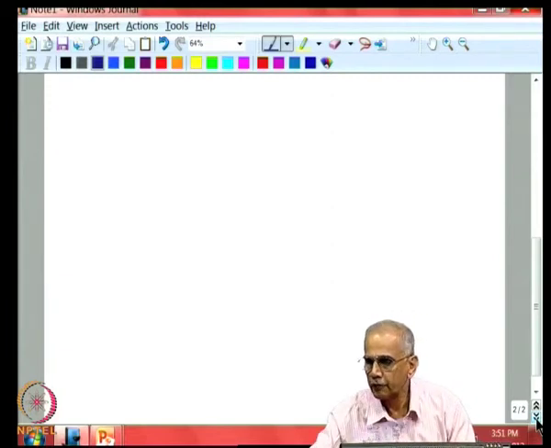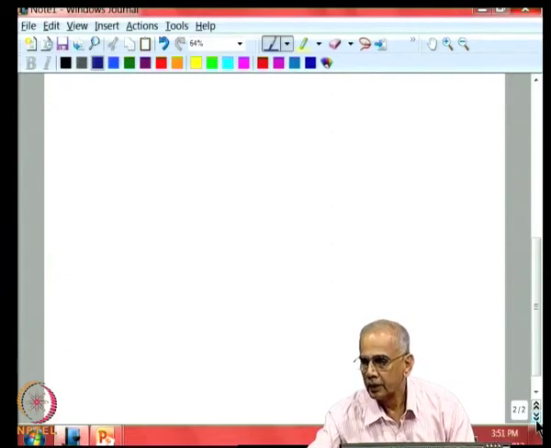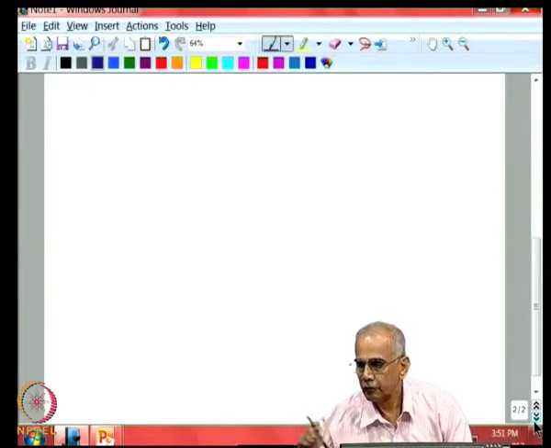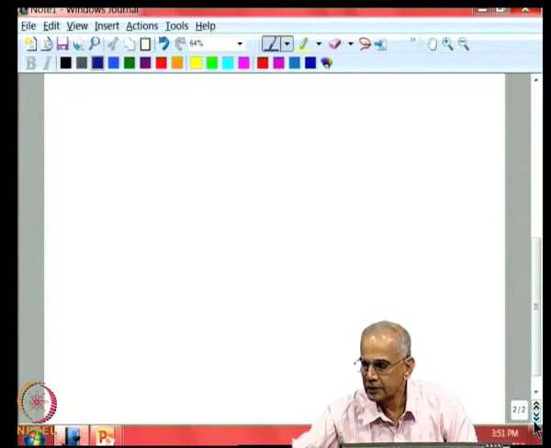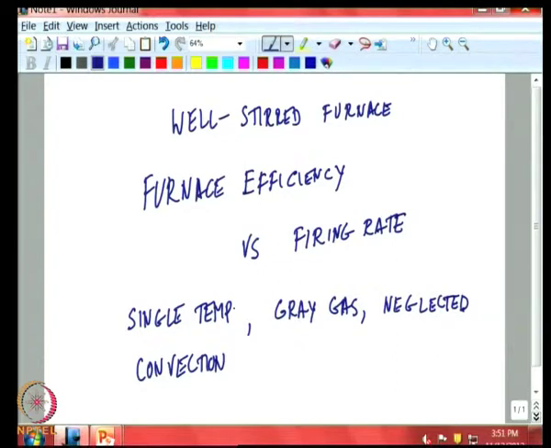Remember that we had spent a lot of time explaining that the gray gas assumption is very poor for most situations, because the gases that we deal with have an absorption coefficient which varies very, very strongly with wavelength, and hence we should not make a gray gas assumption, but we began with a gray gas assumption. So, it is worth asking what is the error that has been introduced here by making the gray gas assumption.